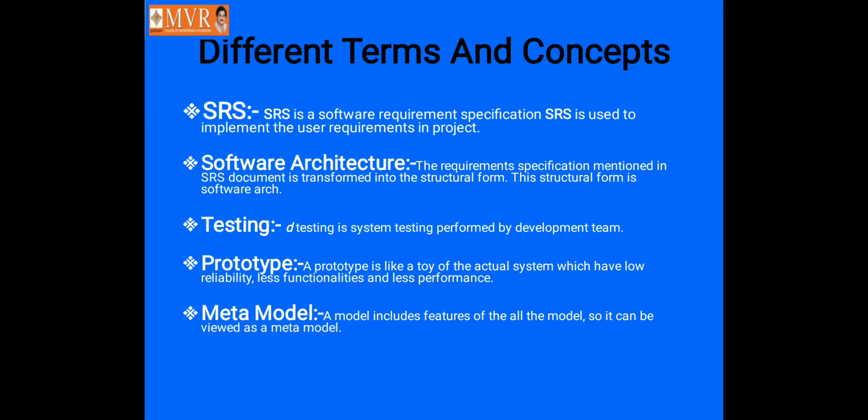Testing: testing is a system testing performed by the development team. Prototype: a prototype is likely a toy of the actual system which has low reliability, fewer functionalities and less performance. Meta model: a model that includes the features of all the models, so it can be viewed as a meta model.